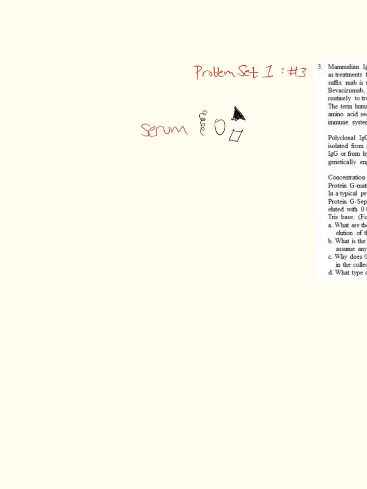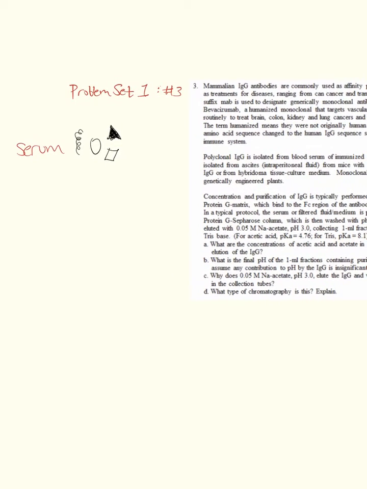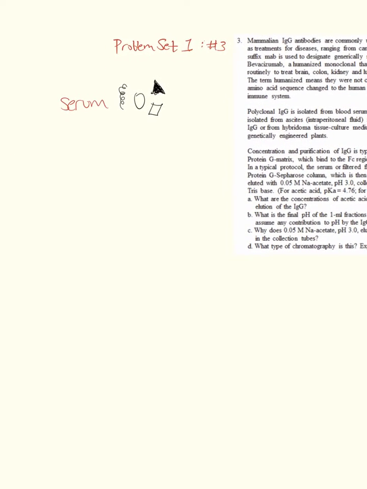So first, we perform a chromatography using protein A or protein G matrix, which binds to the Fc region of the antibody, okay? So we can already start looking at D after I draw this. We have this column, and in this column we have these proteins.